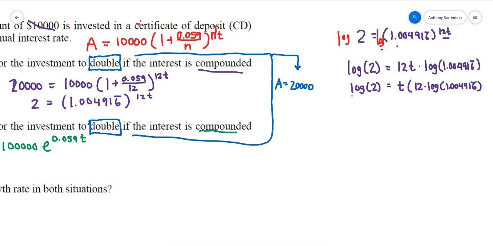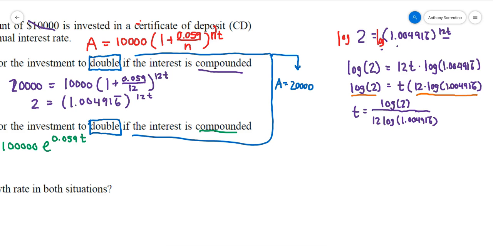Recognizing now that this is just going to be a number, all of this is just going to be a number. So I basically have a number equaling t times some other number. So obviously to solve for t, I'm going to divide both sides by that 12 times the log of 1.004916 repeating. So I would have this. And again, on the final exam, you might be asked to provide the logarithmic form of the answer that you would plug into your calculator to get the final result.